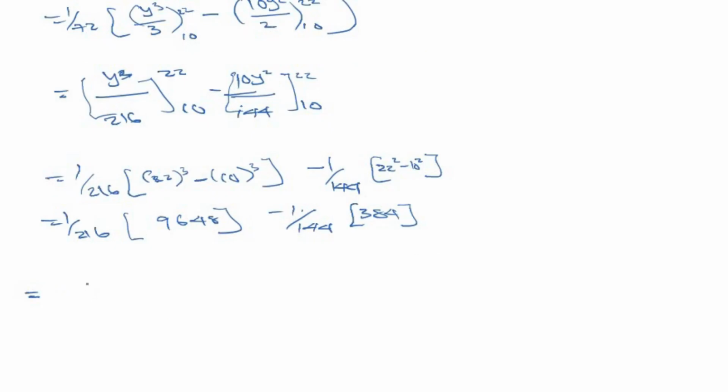So our E of y now is equal to 9648 over 216 minus 3840 over 144. If you press this very carefully in your calculator, you are going to arrive at 18. So therefore this is our final answer.